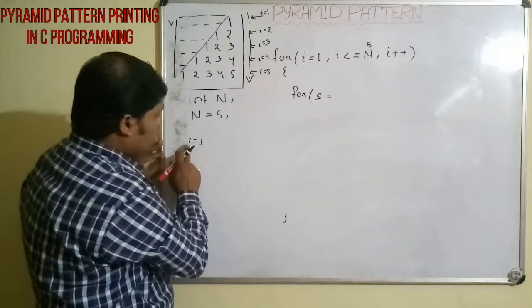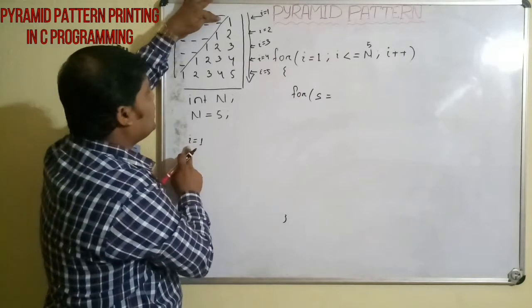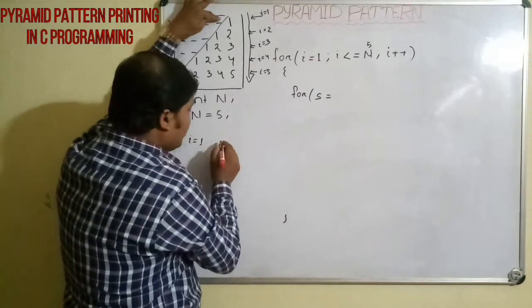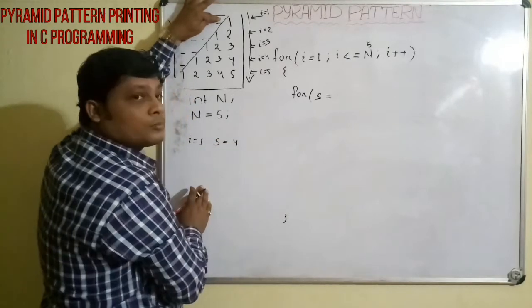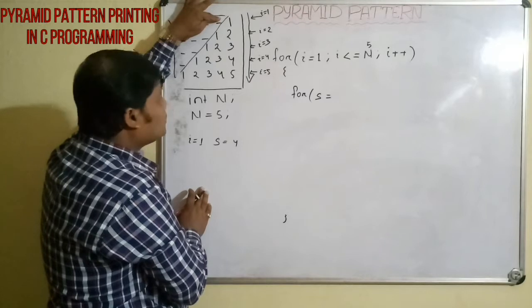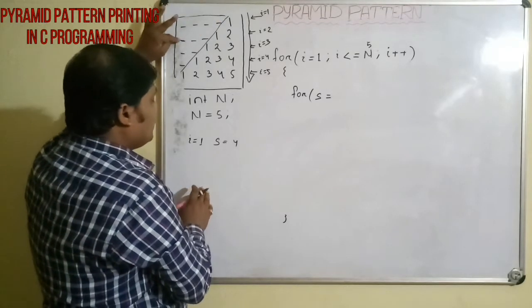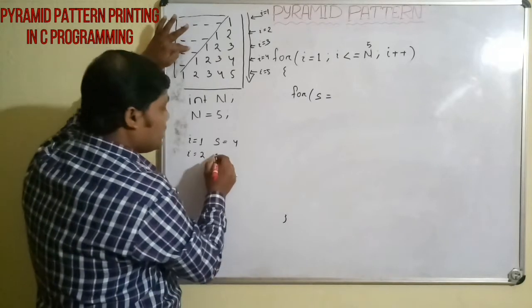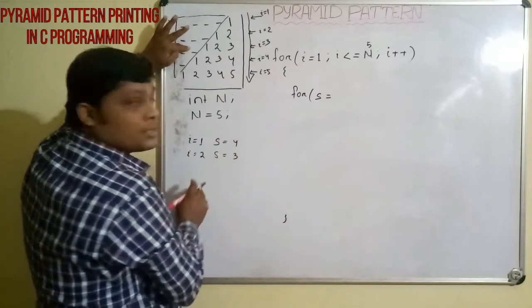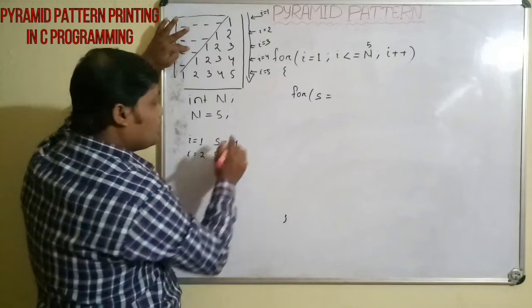Clear? Now see, when I equal to 1 for this line, how many spaces are there? 4 spaces. Clear? When I equal to 2, how many spaces are there? 3 spaces. Clear?